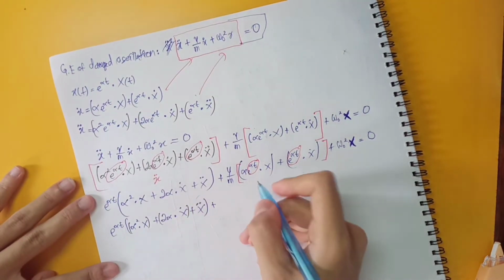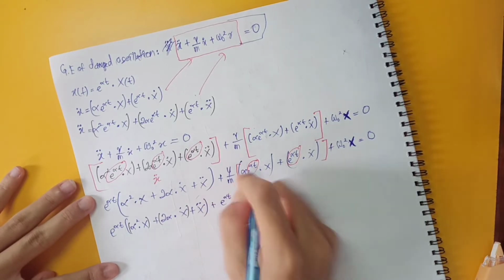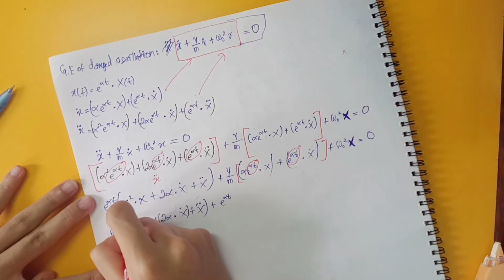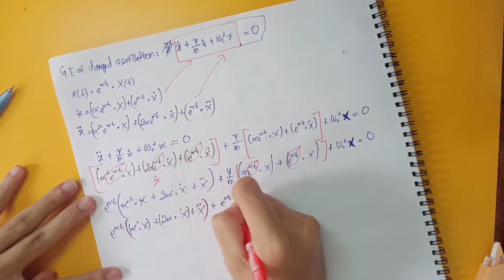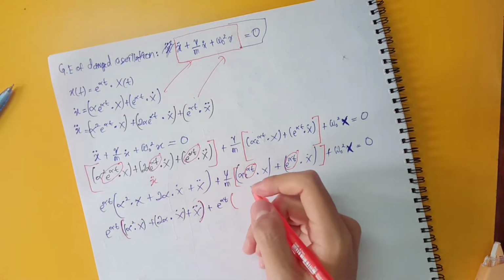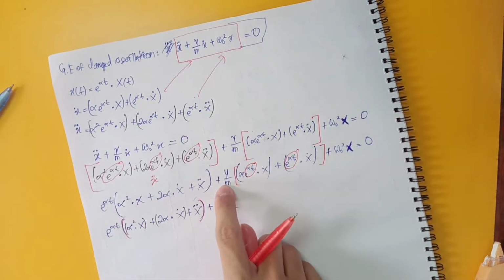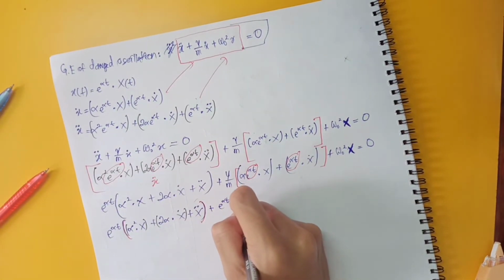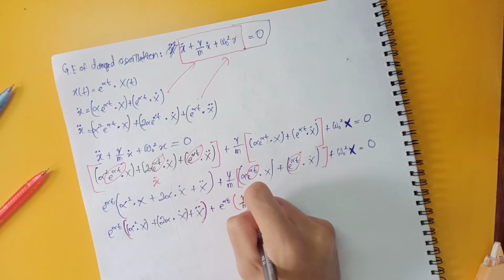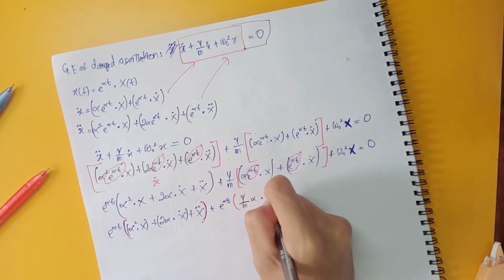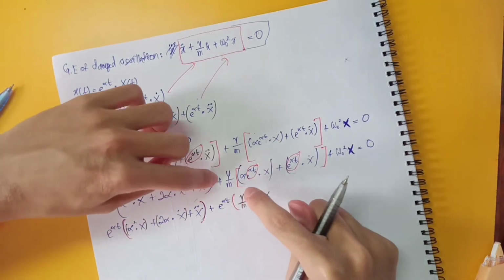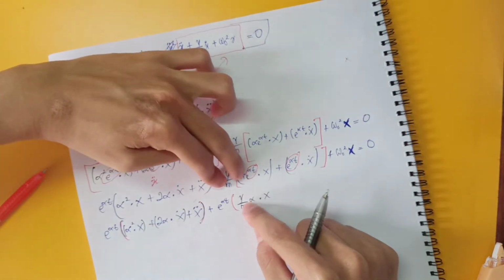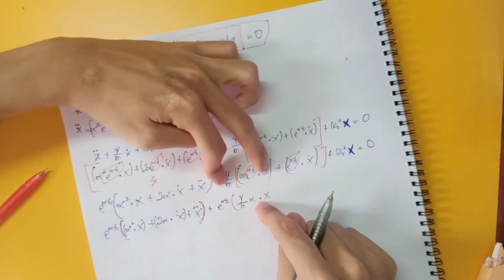And then plus exponential power of alpha t, and I'll open up the bracket here, which is gamma over m times alpha times x single dot. Gamma over m times alpha times exponential power of alpha t times X. Okay, this is what it is.